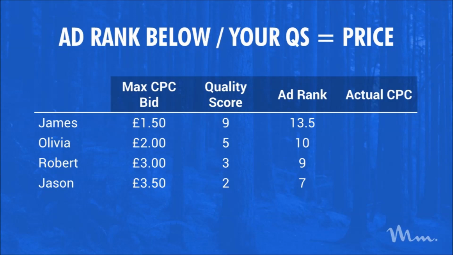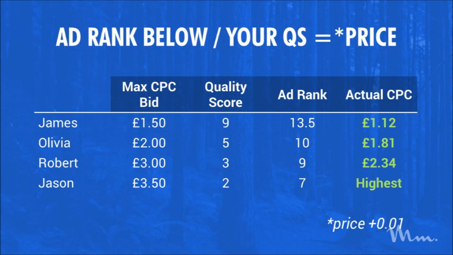The AdRank below your position divided by your quality score equals the price you pay. So in this example, James divides Olivia's AdRank of 10 by his quality score of 9, which gives 1.12 or thereabouts. Google adds a cent or a penny onto each actual CPC price.